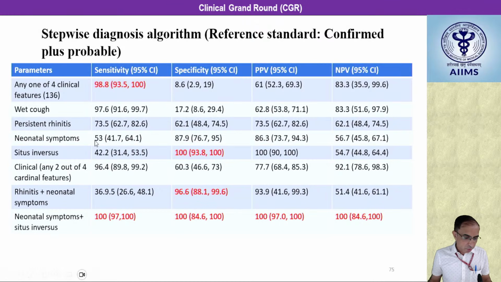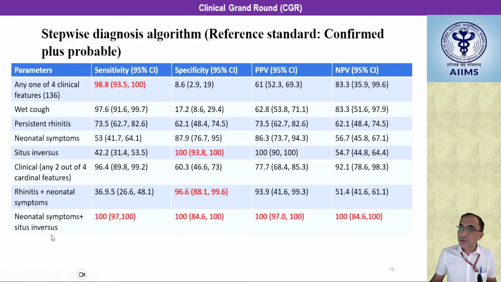And now we tried to generate a suggested algorithm for the diagnosis. So we looked at the sensitivity and specificity of the various features. If we take any one of the clinical features, there is very good sensitivity, but specificity is very poor. And if you use situs inversus, it is 100% specific. So if there is a wet cough along with situs inversus, we can say definitely PCD. And if there are rhinitis plus neurological symptoms both, again we have very good specificity.